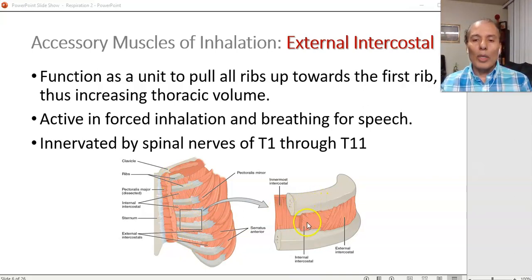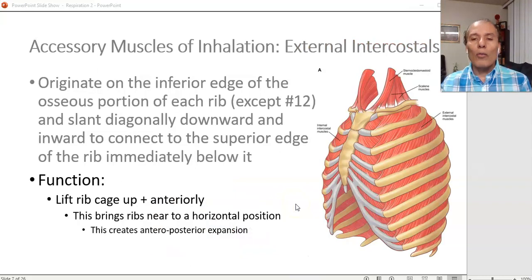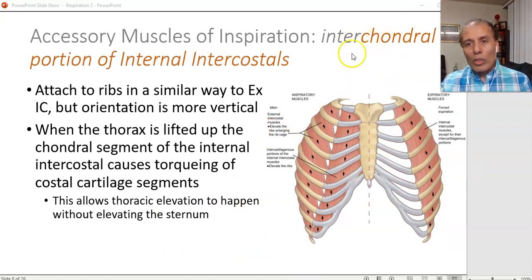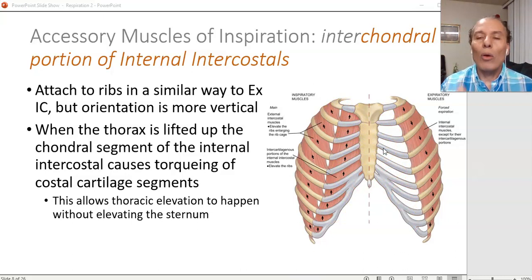We are focusing now on muscles of inhalation, the interchondral segment of the internal intercostals. This segment here and the one that would be here are muscles of inhalation. They elevate the front of the thorax.